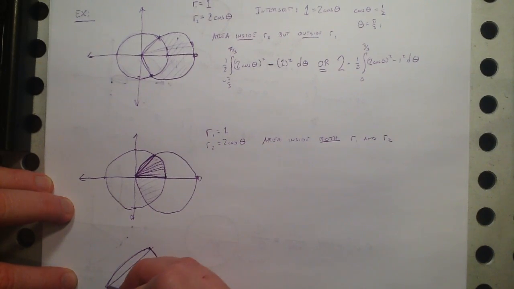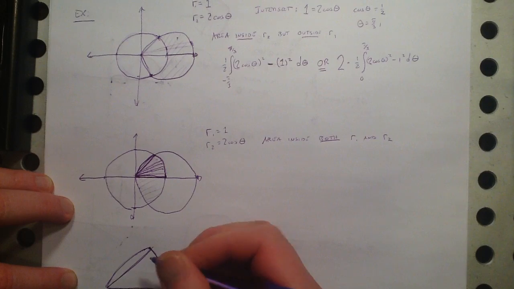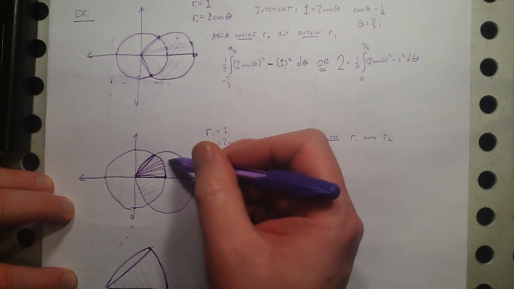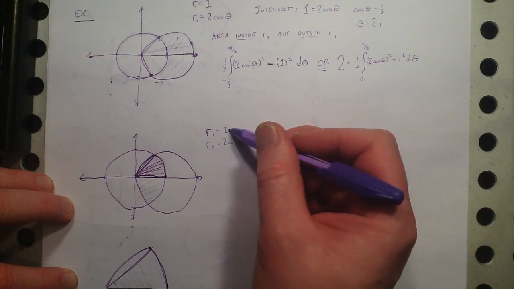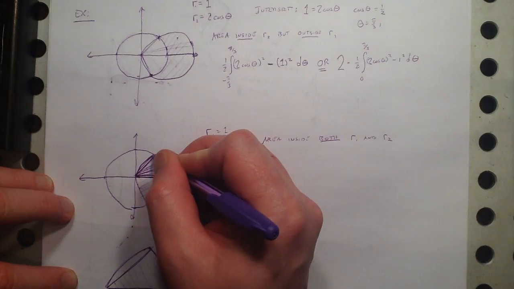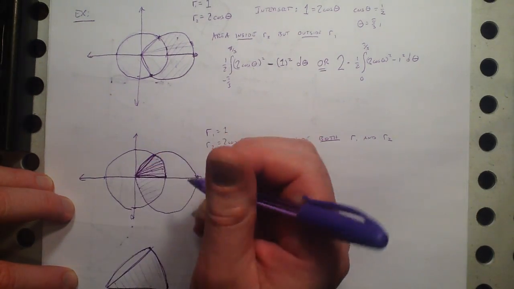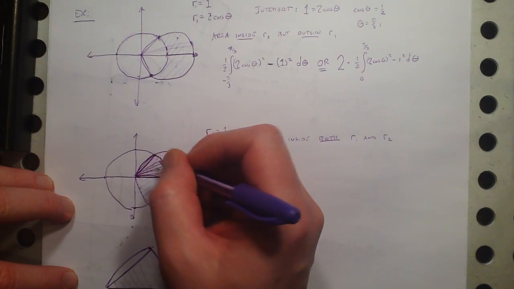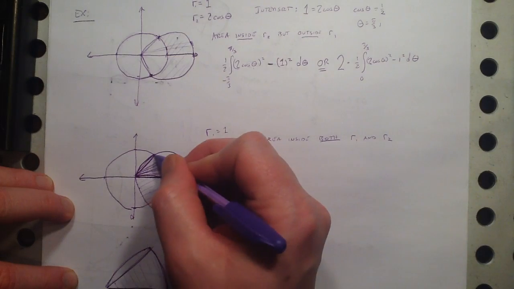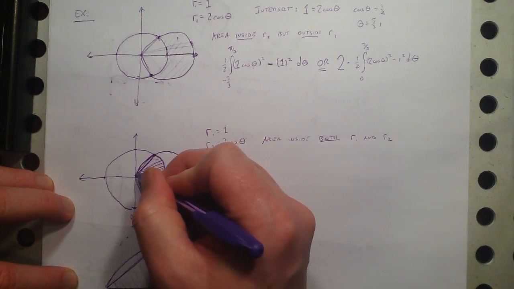So from 0 to pi over 3, I'm just inside of this curve, which is the R1 curve. And then the rest of the way, for this other little extra crusty thing stuck onto the side of this, I'm inside all those regions. Those are inside going out to this circle, right?